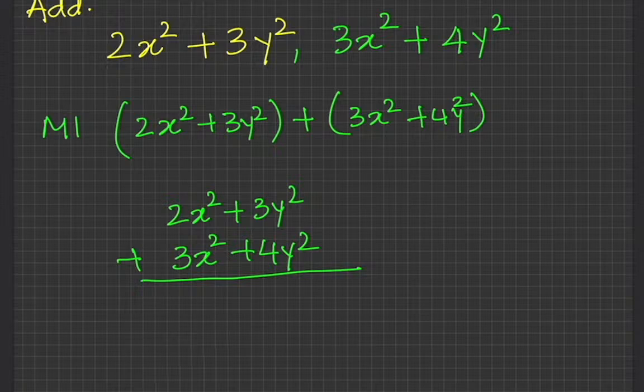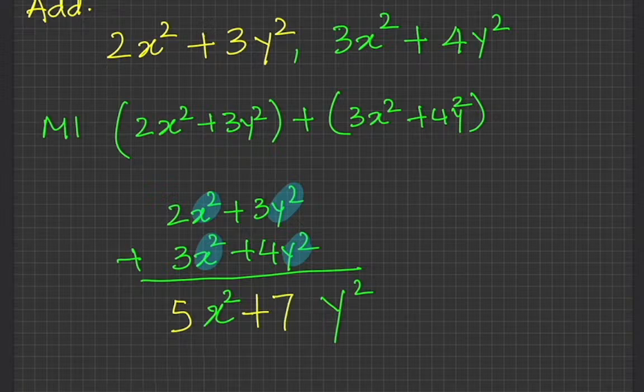So I have x squared and x squared, and here y squared and y squared, with the plus sign in between. Now I add 2 plus 3 is 5, 5x squared. 3 plus 4 is 7y squared. So this is how I can add the like terms, right?